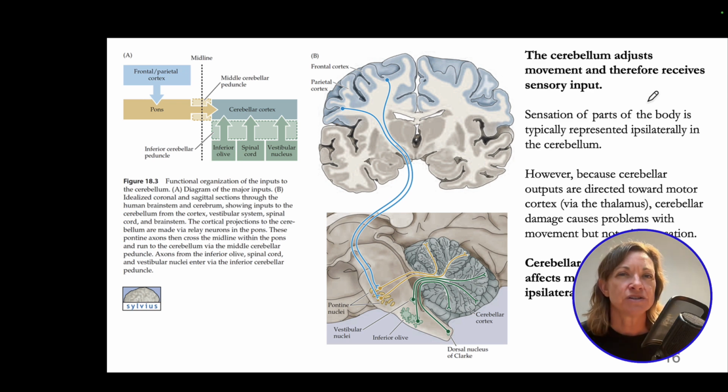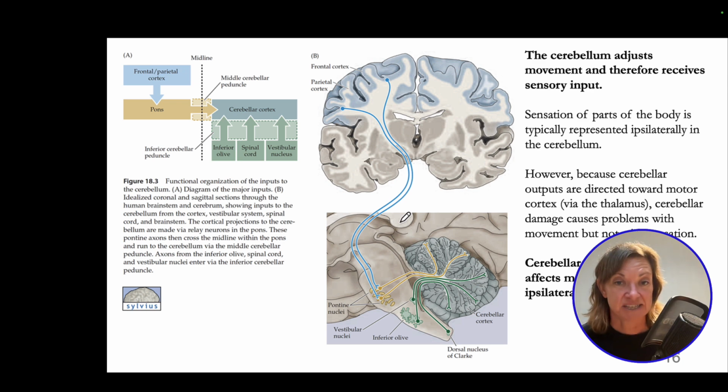But what you do need to know is that the cerebellum is sort of a movement adjuster, and as such, it receives a lot of sensory input. Sensation of different parts of the body typically is represented ipsilaterally in the cerebellum, so ipsilateral between body and cerebellum. But because cerebellar outputs are directed toward motor cortex via the thalamus, cerebellar damage causes problems with movement, not sensation.